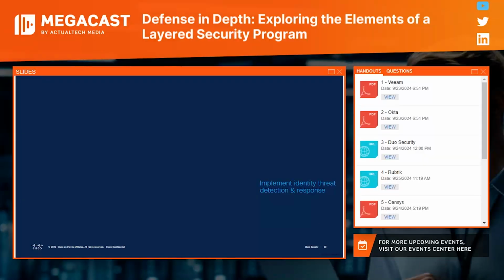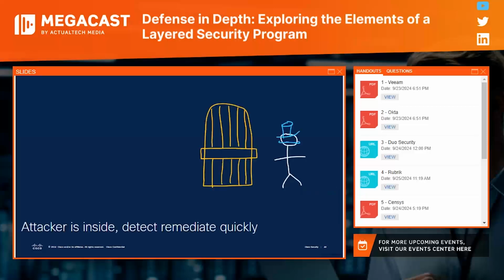So let's go to the last piece here. To get to the defense in depth, if we did pre-authentication and enforcement, afterwards we implement identity threat detection and response. The use case is that the attacker got inside, they were able to move beyond your authentication requirements or access policy for some reason, maybe they were very, very sneaky.